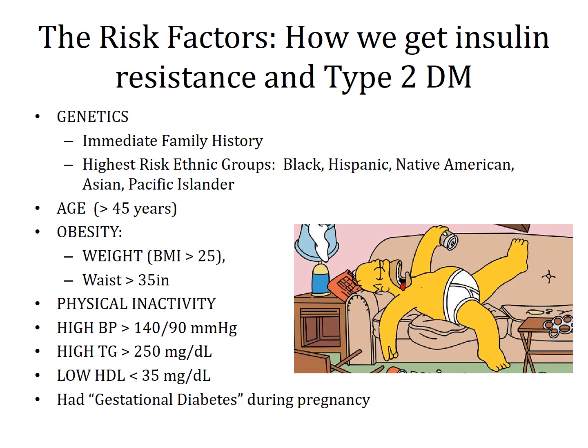Physical inactivity, underlying hypertension, an underlying triglyceride disorder where your total blood triglycerides are greater than 250, low high-density lipoprotein, low HDL levels, or developing gestational diabetes during a pregnancy, all these increase your risk of going on to develop type 2 diabetes.